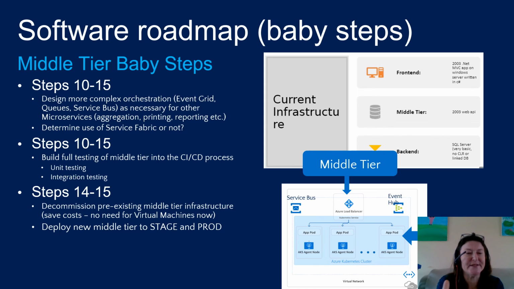And then the last few steps for the middle tier baby steps are decommissioning any existing middle tier infrastructure that you no longer need. So the big monolith probably used a great deal of resources and cost a great deal of money, and now you can get rid of a lot of that, and you can start thinking about maybe you can use reserved instances to save money and stuff like that.